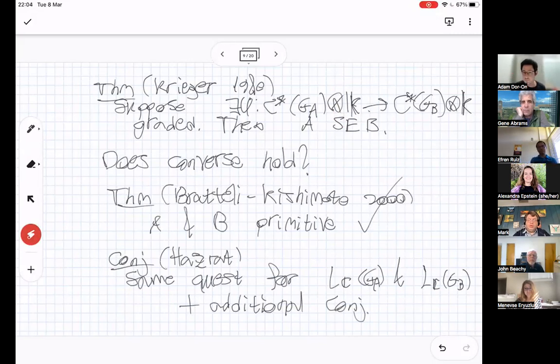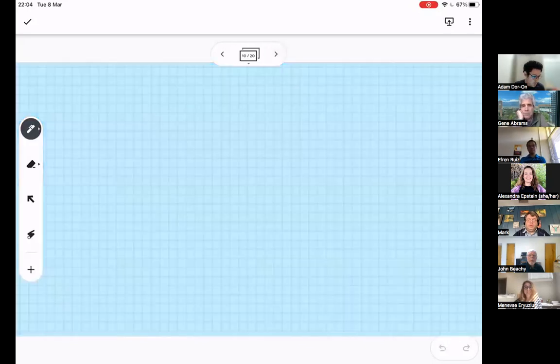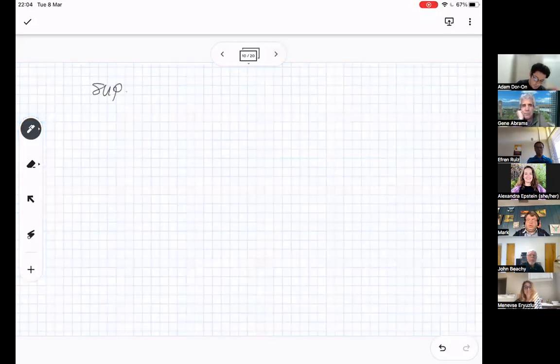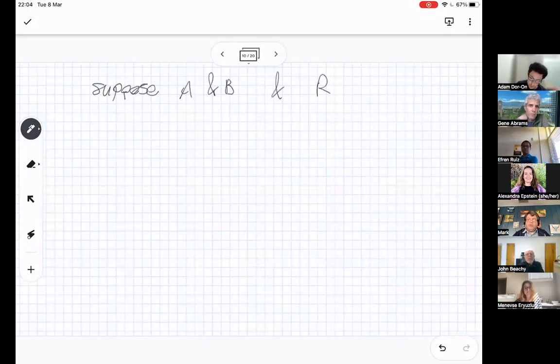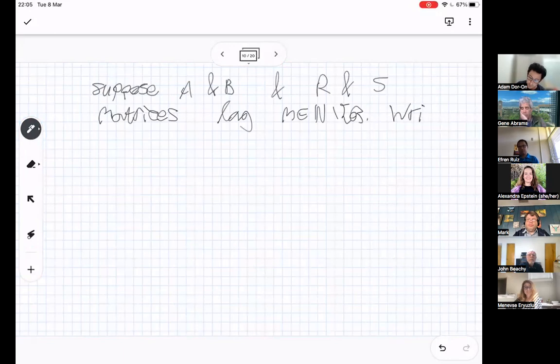Questions so far? All right. So suppose now that A and B and R and S are matrices with the same sizes as the ones that define shift equivalence, with some lag M. We try to make the problem of shift equivalence a little easier by ampliating the matrices.